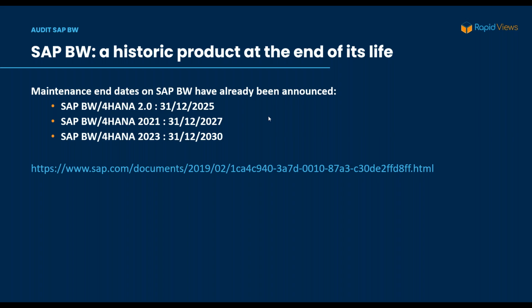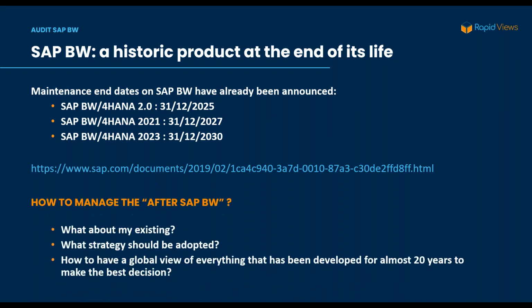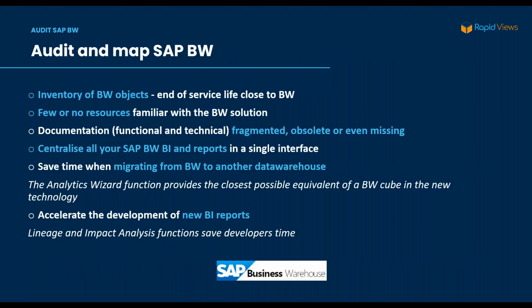BW is not going to be supported after 2030. And what are you going to do next, right? So we see today a lot of customers that think about the future of BW. To do that, at least you need to be able to audit all the different BW components.